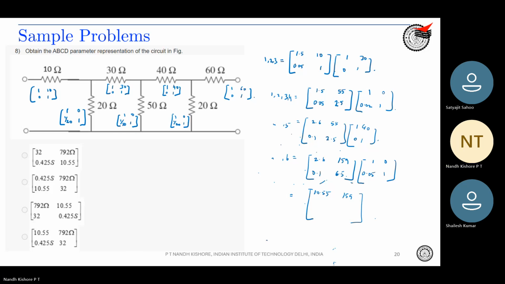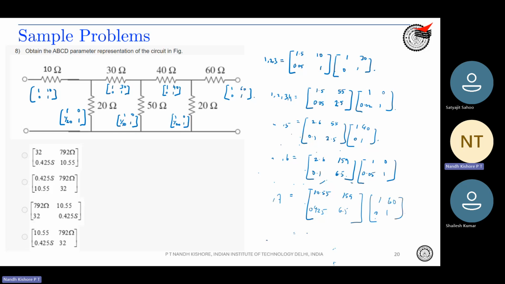And 0.1, 0.425. Correct. And 6.5. So multiply this finally with 7. Correct.